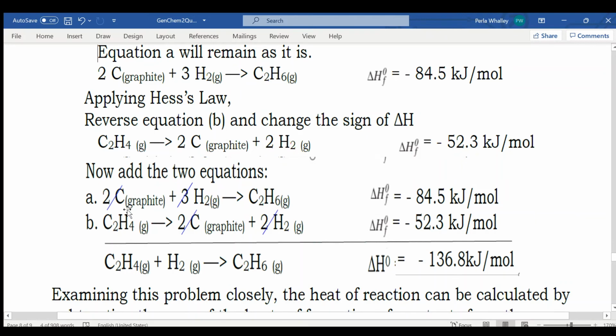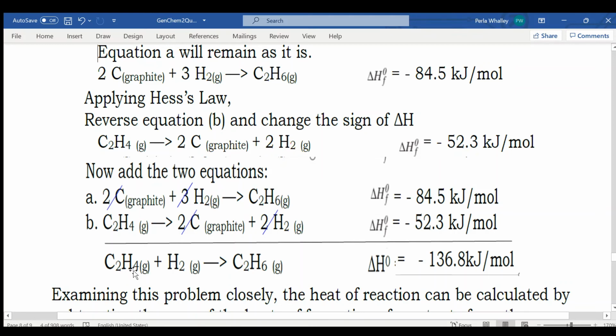Now we will copy the remaining substances on the reactant side. So we have H2, and we have C2H4. If you write H2 first, it is okay, but the best answer would be C2H4 first.